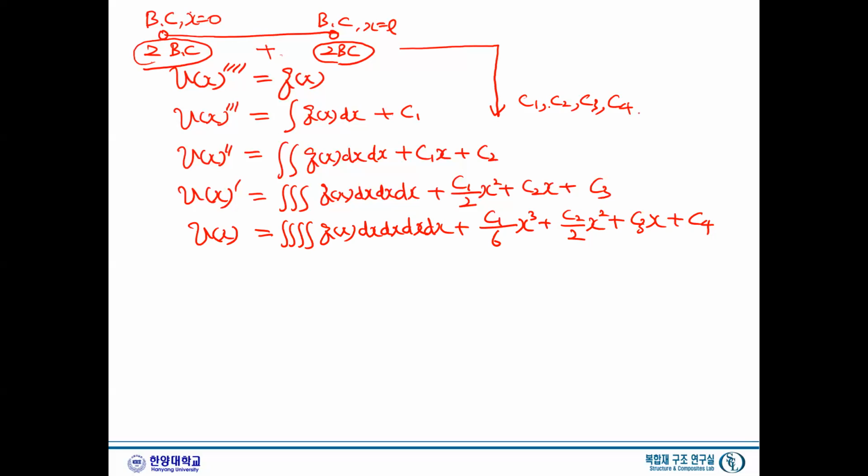So this is a simple, very clear procedure to get V(x), the deflection curve.